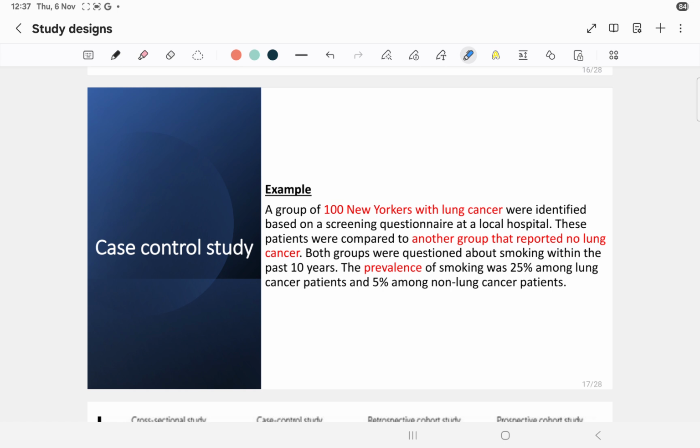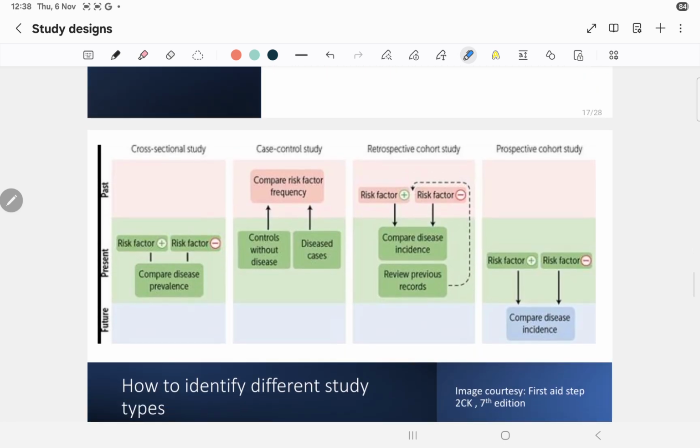Both groups were questioned about smoking. So we are going back in the past to check who smoked and who didn't in both groups. We will check the prevalence of smoking and lung cancer, and try to make an association by using the odds ratio. So that is an example of a case control study.